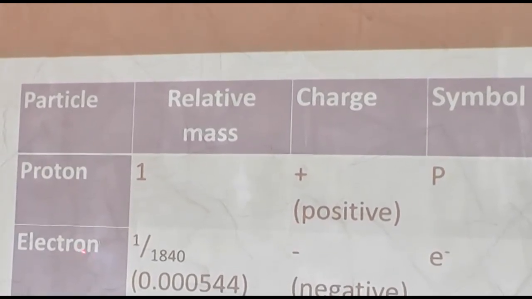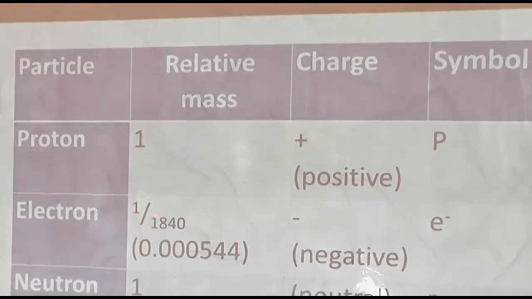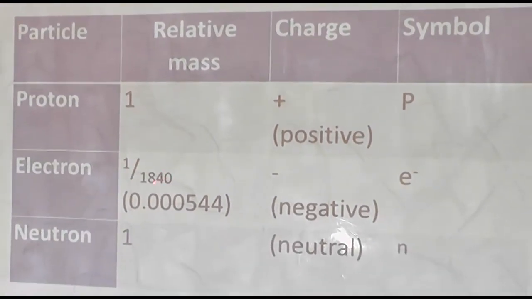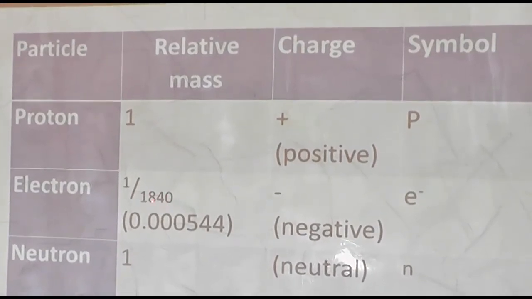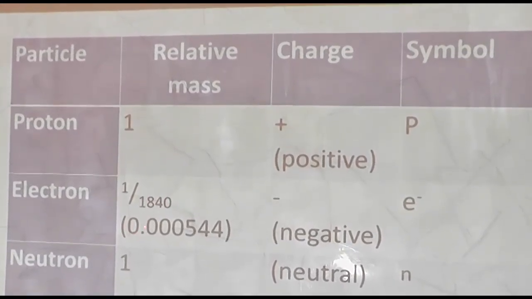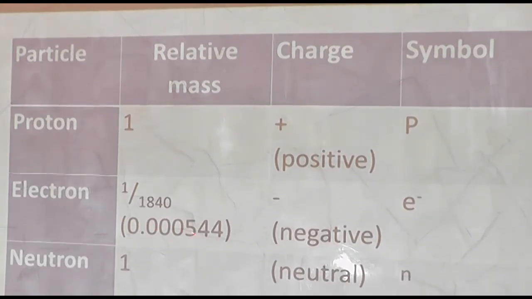For electron, I told you that the electron is 1 over 1,840 times smaller than a proton, which gives us 0.000544, and the charge is negative. For an electron, the symbol is E minus.